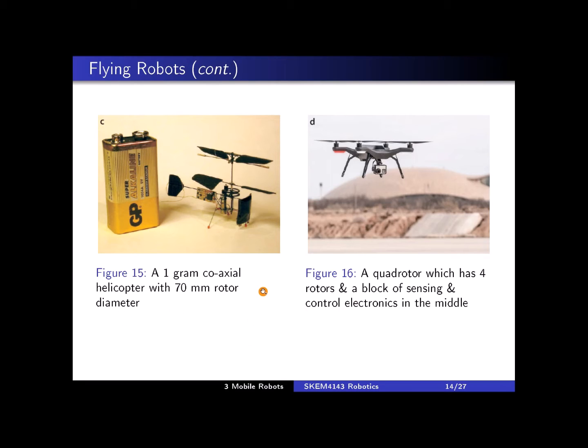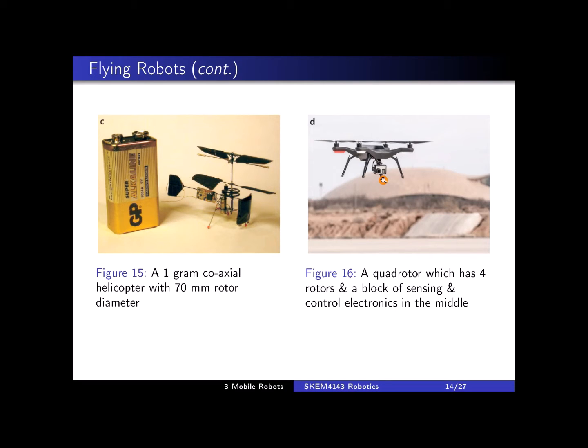So this is a type of rotorcraft UAV, and specifically it's called coaxial helicopter because it has two counter-rotating coaxial rotors that rotate in the opposite direction. So you can imagine if this rotates in clockwise direction, this rotor will rotate in the anti-clockwise direction.